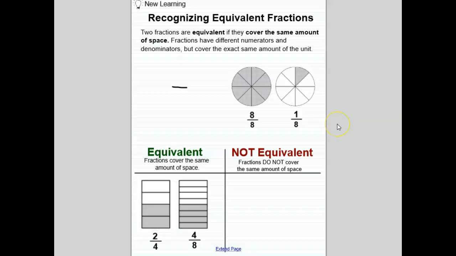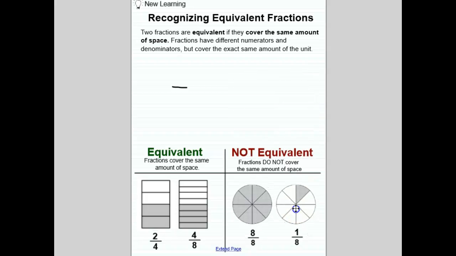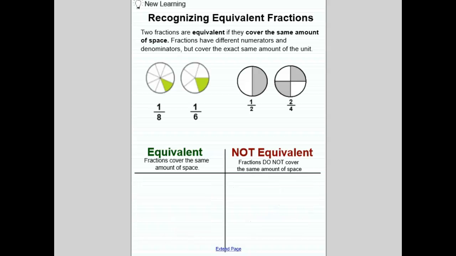Okay, pause the video and determine, do 8/8 and 1/8 cover the exact same amount of space on their unit? Absolutely not. They are not equivalent. Give yourselves a pat on the back. Okay, I'm going to have you pause the video and sort both of these.